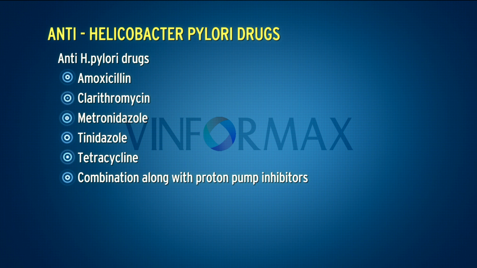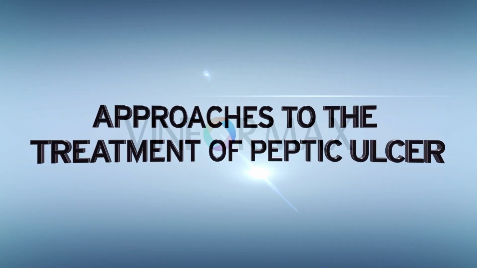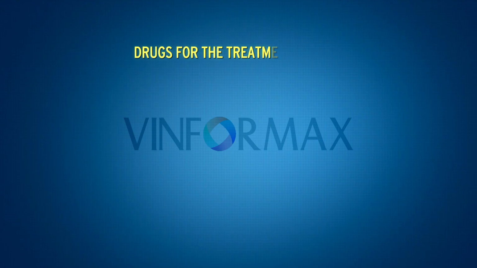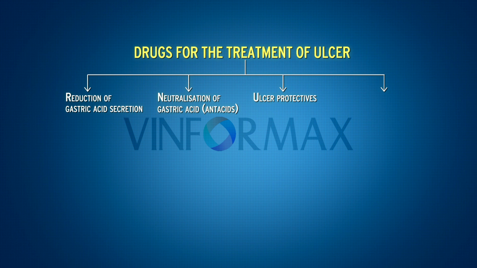As we have discussed all the drugs separately, let us summarize all the drugs. Approaches to the treatment of peptic ulcer. Drugs used for the treatment of the ulcer are broadly classified into 4 major groups: reduction of gastric acid secretion, neutralization of gastric acid, ulcer protectives, anti-Helicobacter pylori drugs.